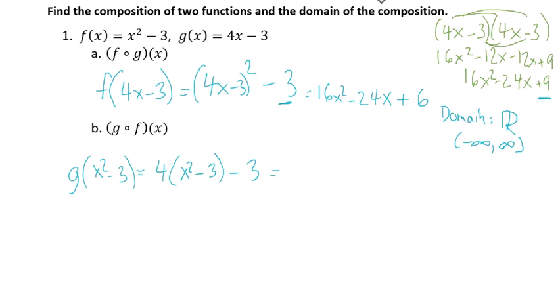And that gives you 4x squared, and then 4 times -3, which is -12, minus 3, -15. Again, this is also quadratic, so it's going to have the same domain as the one in A. All real numbers, or negative infinity to infinity if you're asked for interval notation. All right, let's look at the next example.